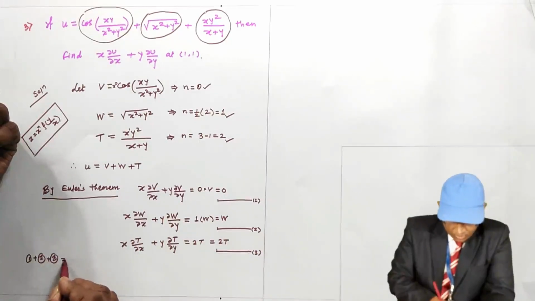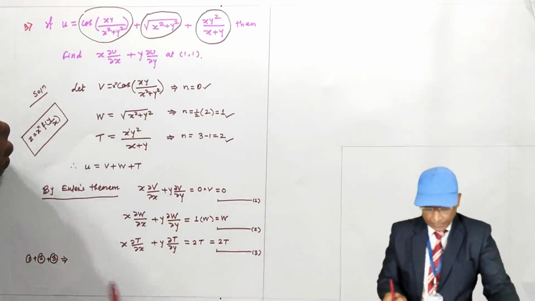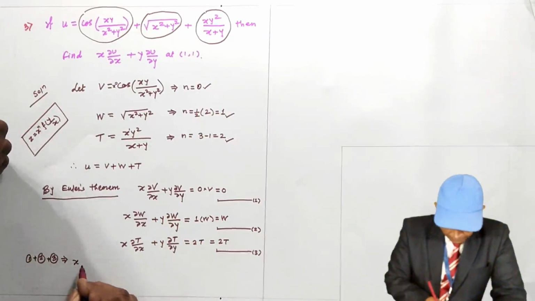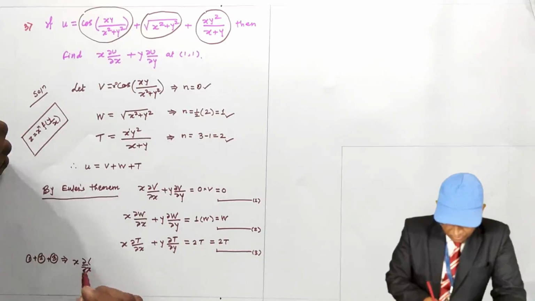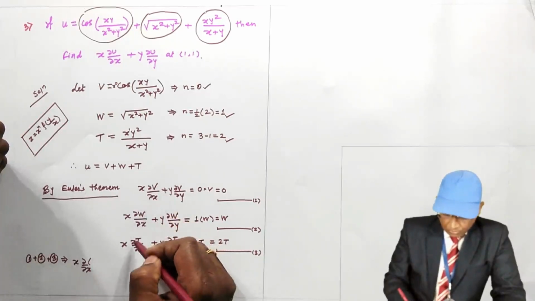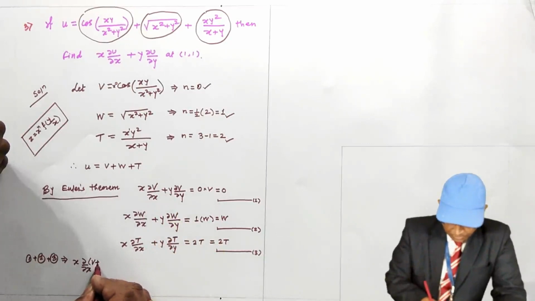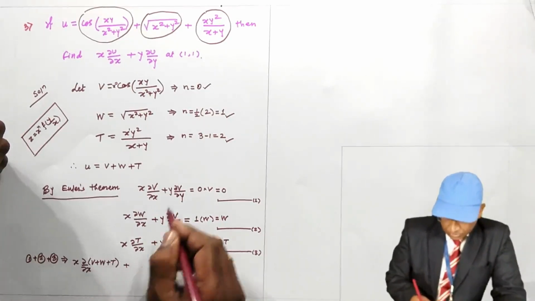This gives us, writing directly, X del X. First I am adding V plus W plus T, plus the second term.